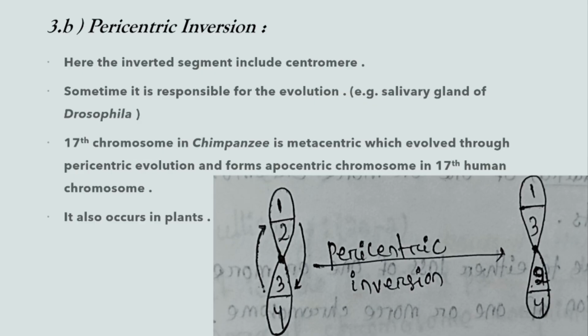Sometimes it is responsible for evolution. Example, salivary gland of Drosophila. The 17th chromosome in chimpanzee is metacentric, which evolved through pericentric inversion and forms an acrocentric chromosome in the 17th human chromosome. It also occurs in plants.